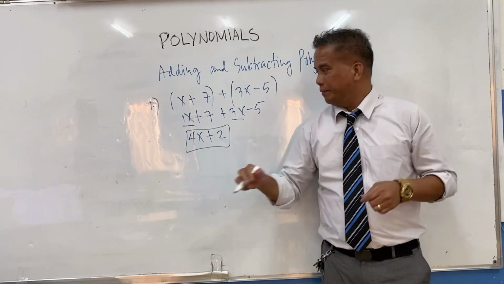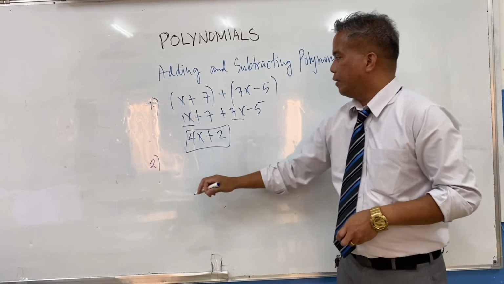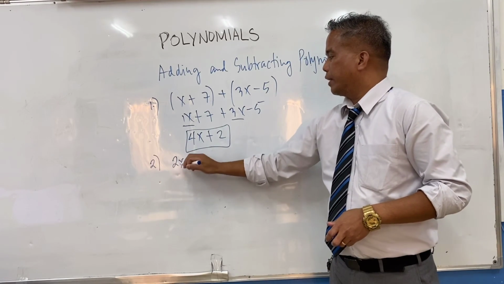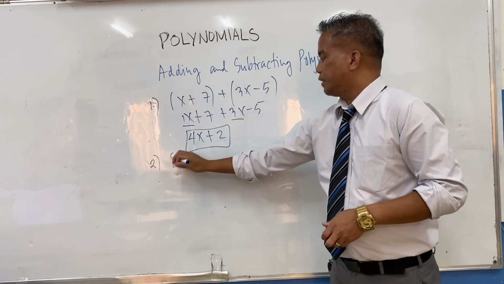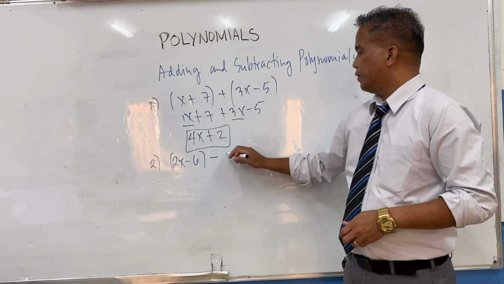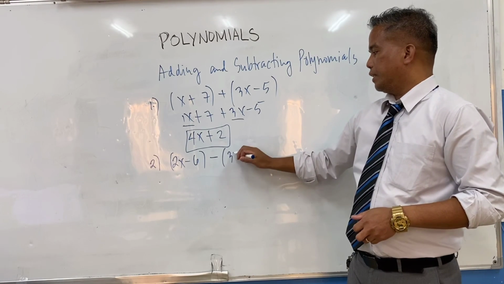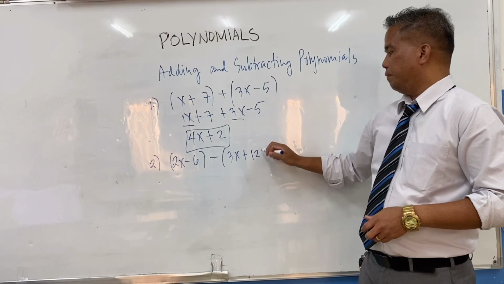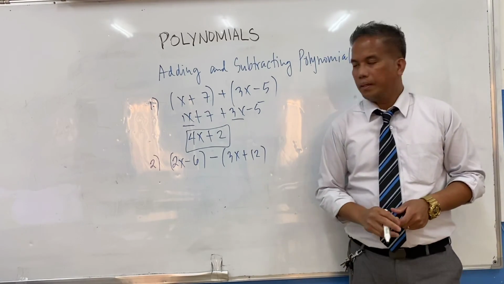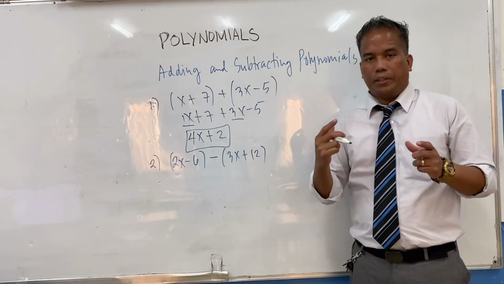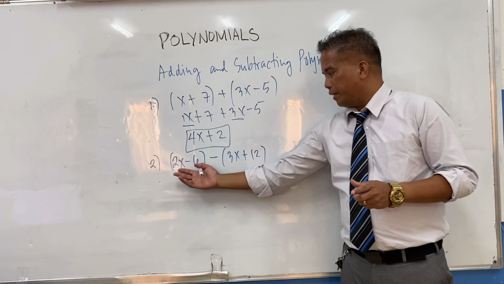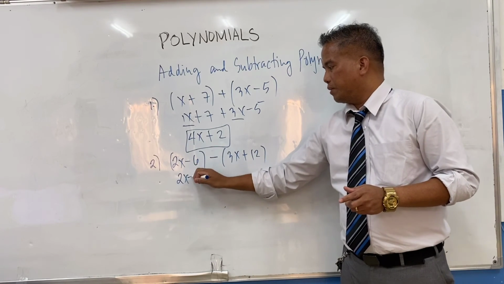Another example, number 2. How about if we have (2x minus 6) minus (3x plus 12). Now, first remove the parentheses or the bracket here. So we have now 2x minus 6.